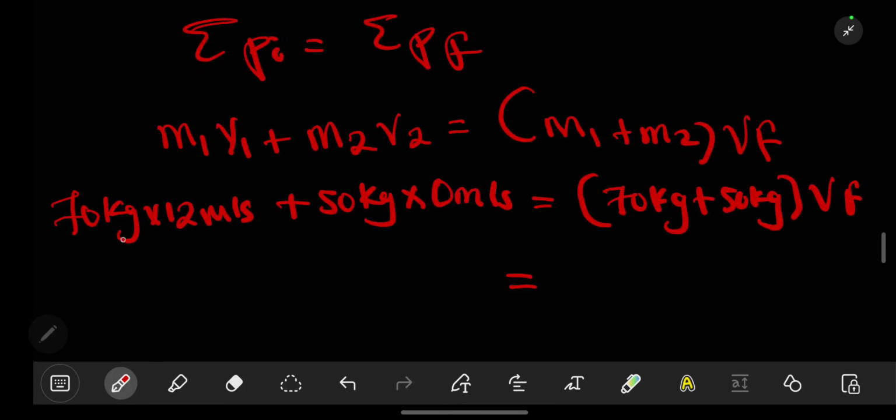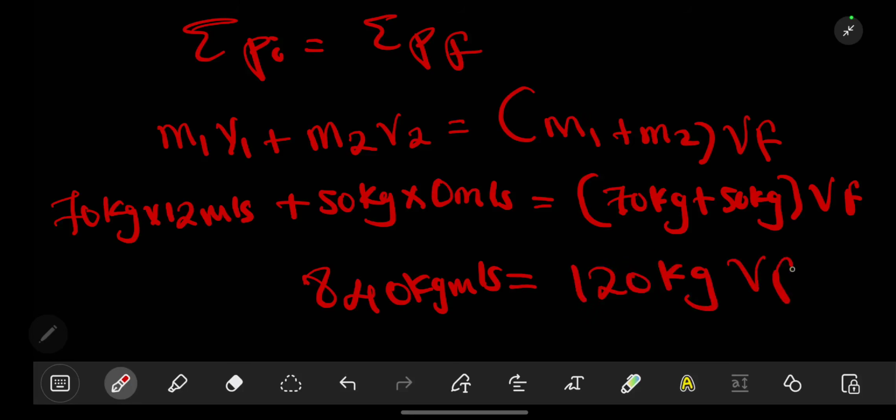So 70 times 12 gives us 840 kg meters per second, plus 0 won't change anything. Then 70 plus 50 gives us 120 kg times V final.